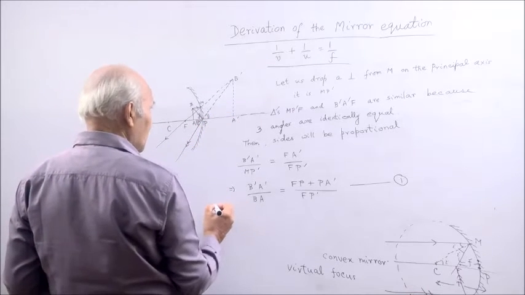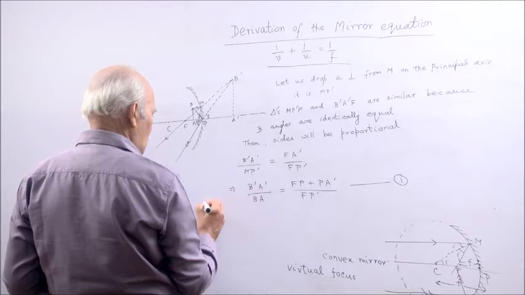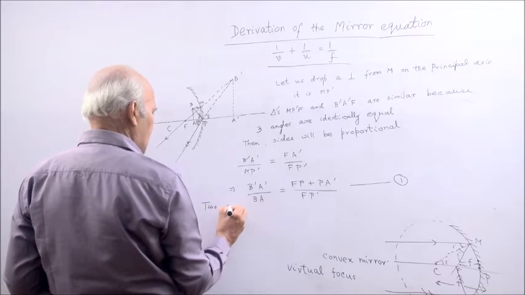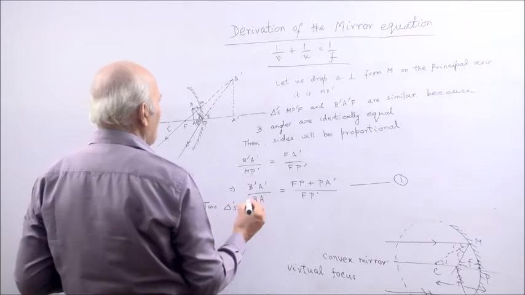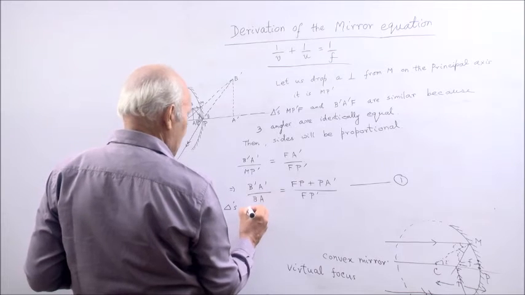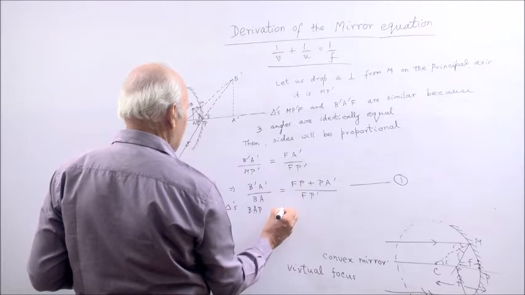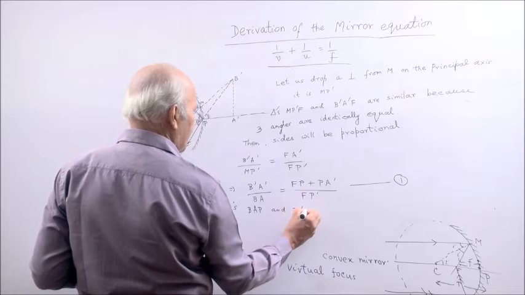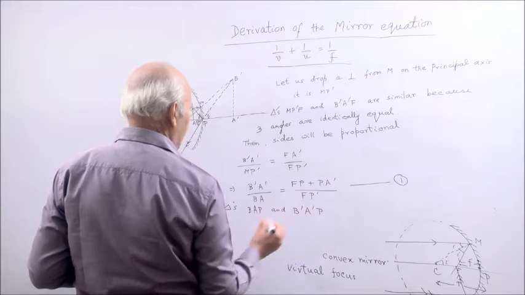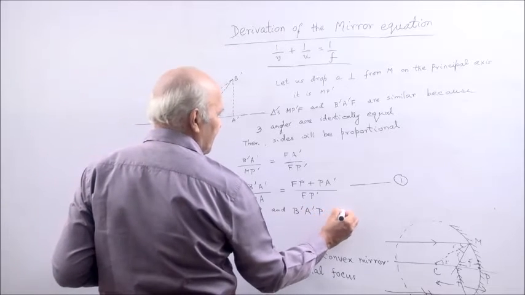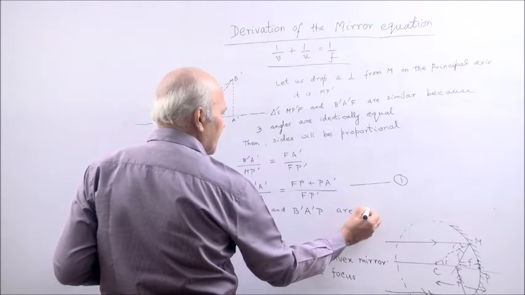So we have to search for two triangles like B A P and B dash A dash P, which are similar, on the same line.